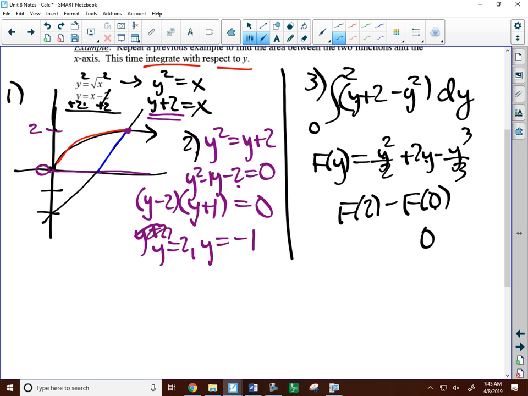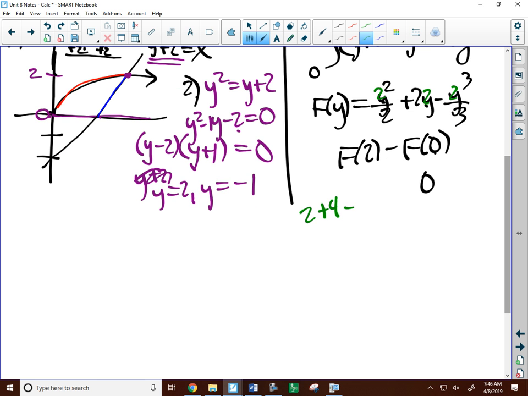So really it's just going to be evaluating f of 2. So f of 2, when I plug it in, 2 squared is 4. 4 divided by 2 is 2. 2 here would be 4. And then 2 here would be 2 cubed, 8 over 3.